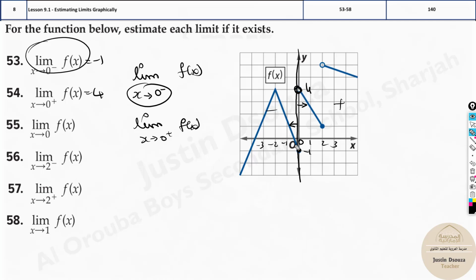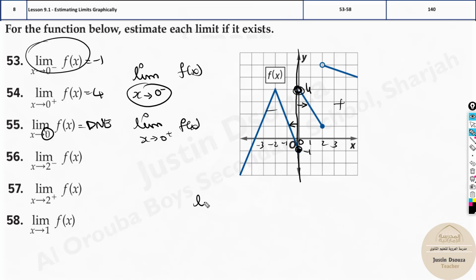Now another important thing. If there are 2 limits, at 0 plus and minus, they are not the same point, right? Over here, you have 4 and -1. So when you look at this value without any sign, the limit as x tends to 0 does not exist. DNE means does not exist. Why?